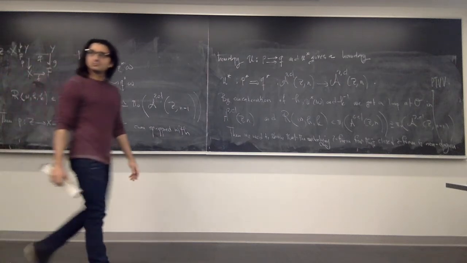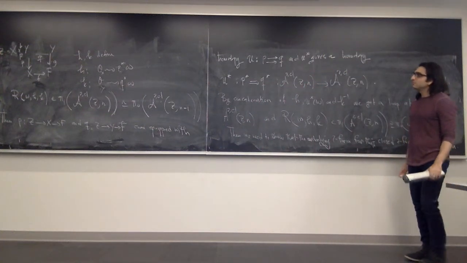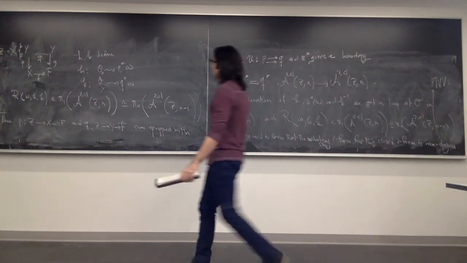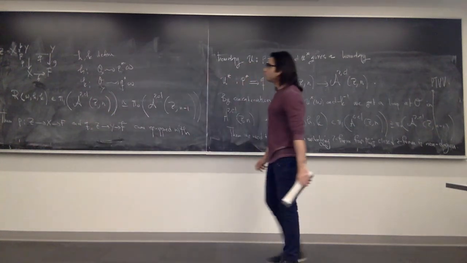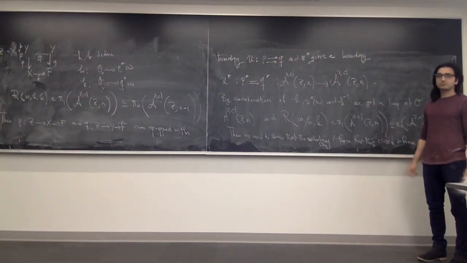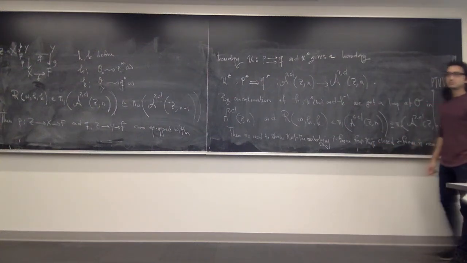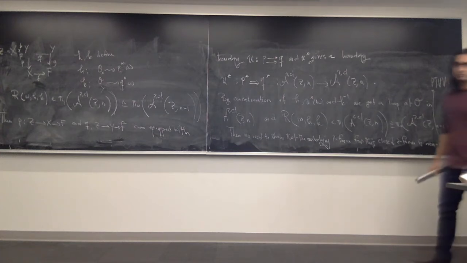H and K are both paths. What's a start point? It starts from 0. What is 0? It's just the trivial form.